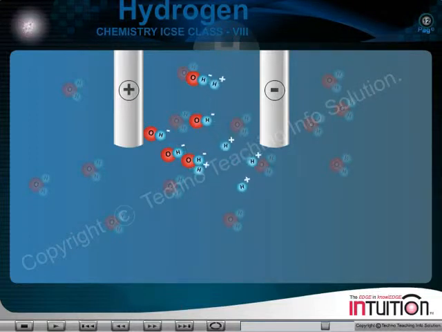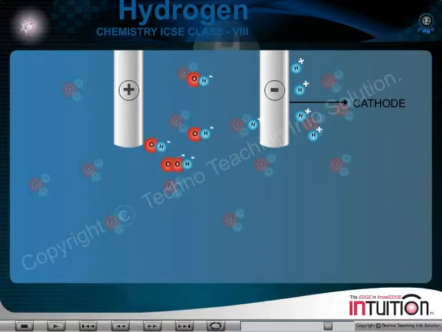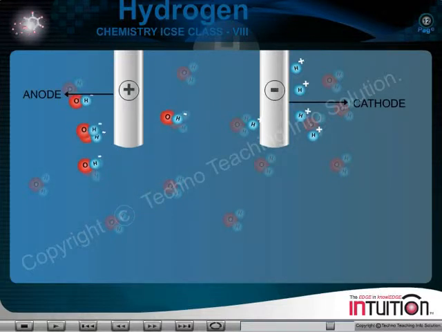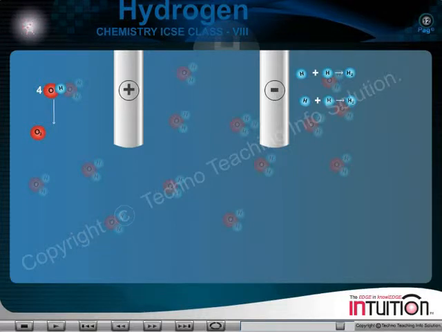H+ cations will accumulate at the cathode, the negatively charged electrode, and OH- anions will accumulate at the anode, the positively charged electrode. At the cathode, 2 hydrogen ions accept 2 electrons to form hydrogen gas, whereas at the anode, 4 hydroxyl ions lose 4 electrons to form oxygen gas and water.